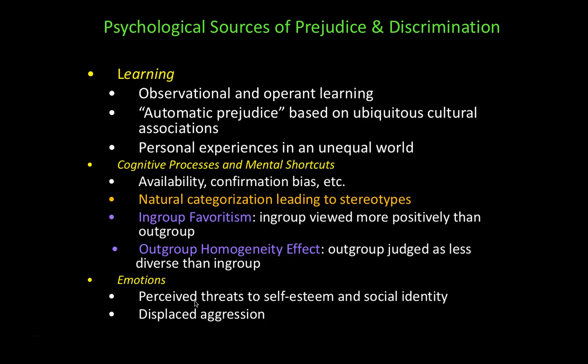But displaced aggression happens in prejudiced relationships, such that sometimes the targets of prejudice are more subject to negative emotions and aggression owing to frustrations that were created by others, others you can't aggress against directly, so you find a safe target or a scapegoat. That might be a group that you have some prejudices against.